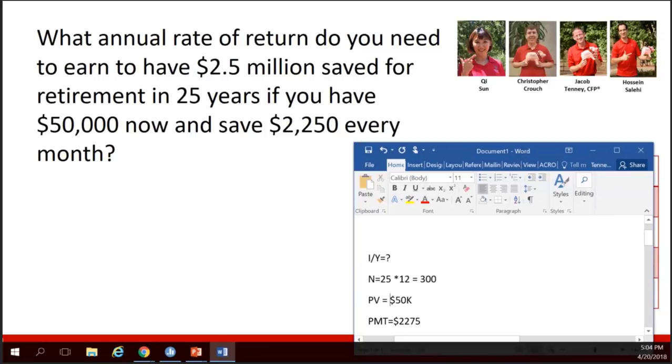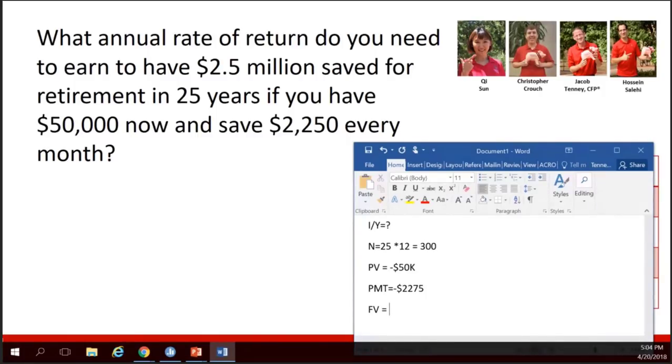The sign for present value is negative because you are going to put money out of your pocket into a retirement saving account. Also, you're going to save each month $2,250. And then how much you will get at the end of 25 years?